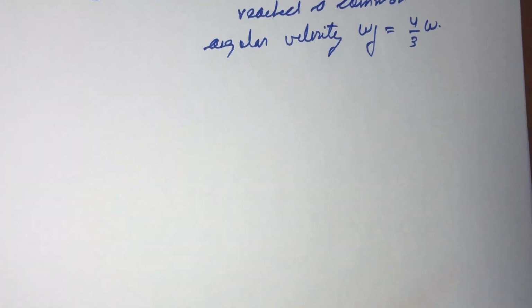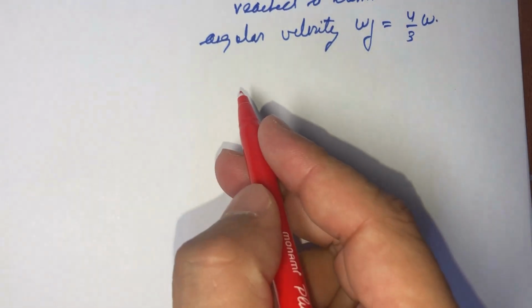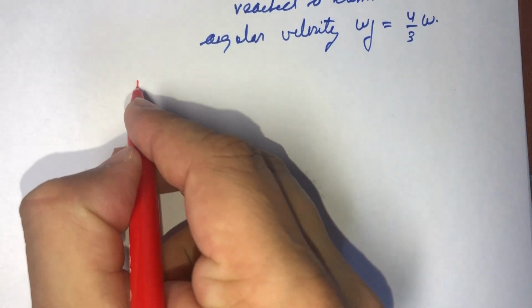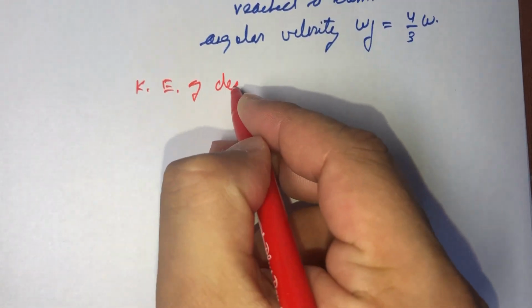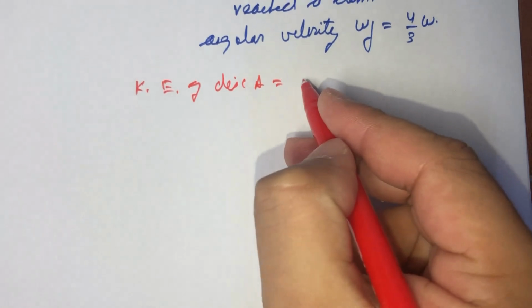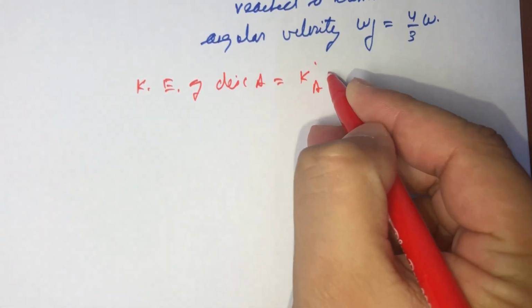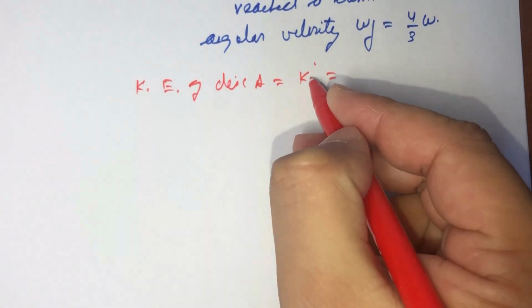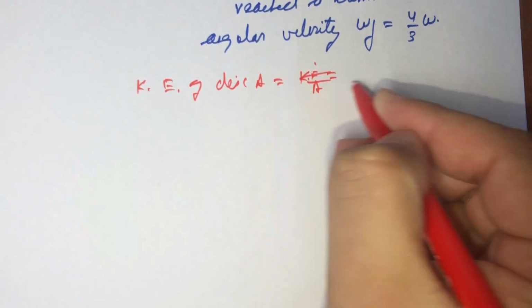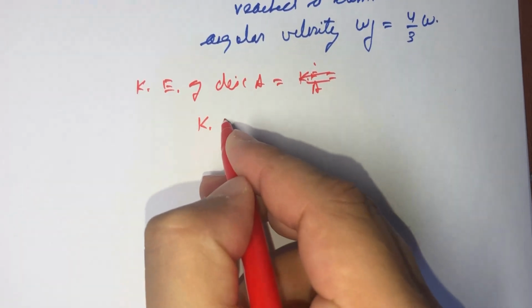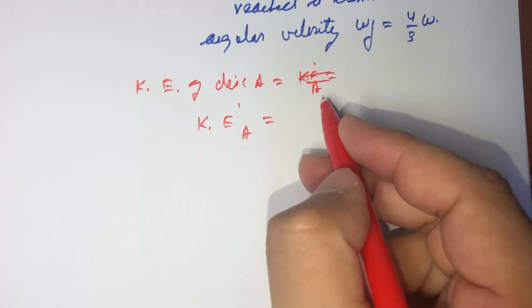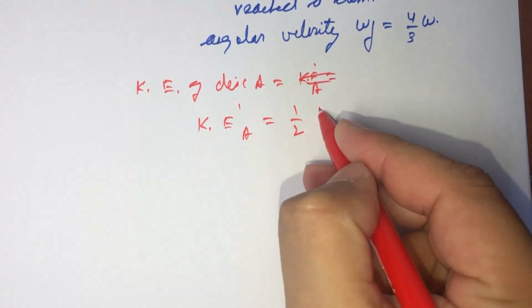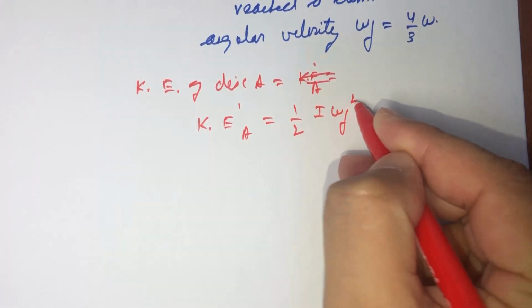And for the loss in kinetic energy, we can say the kinetic energy of disk A, let us suppose, is given as KA prime, and that comes equal to half I omega f square.